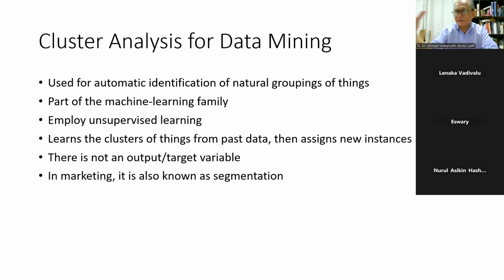So it is automatic identification. It is not based on a targeted classification like classes. It is just clustering. We learn the clusters of things from past data, and then we assign new instances. So there is no target variable. In marketing, we call it segmentation. Cluster analysis.